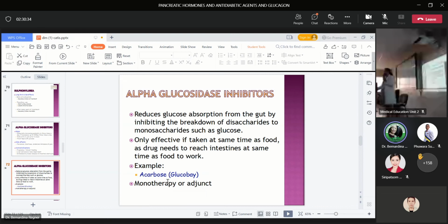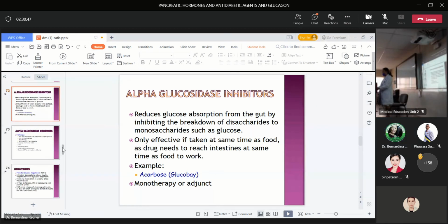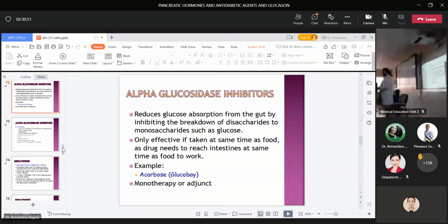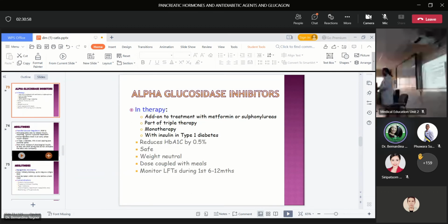Monotherapy can be started or as an adjunct. Okay, so in therapy, add on to treatment with metformin or sulfonylureas, part of a triple therapy.